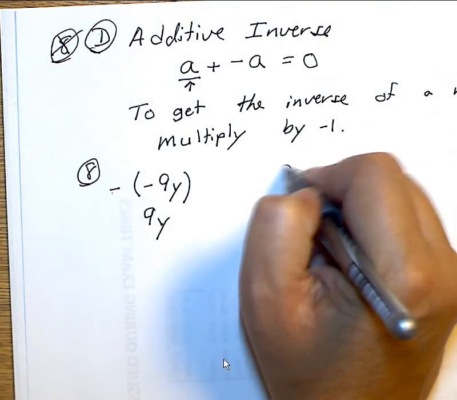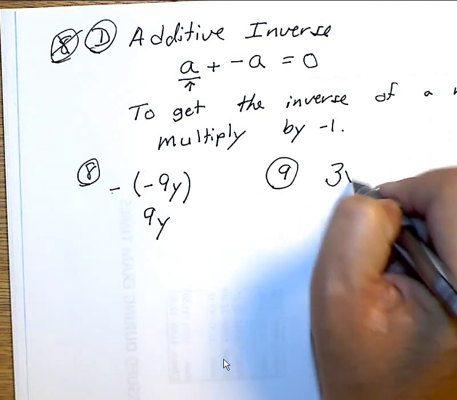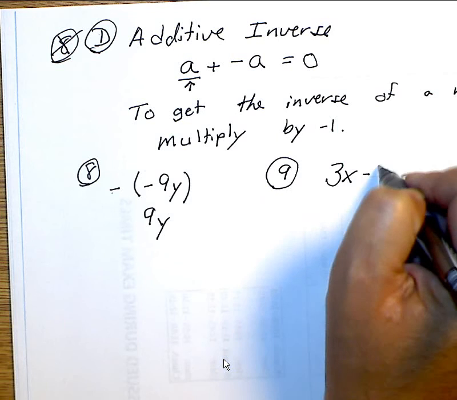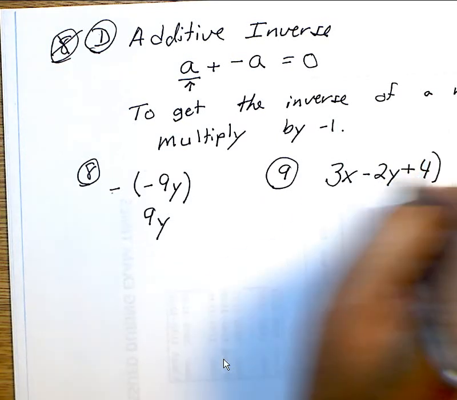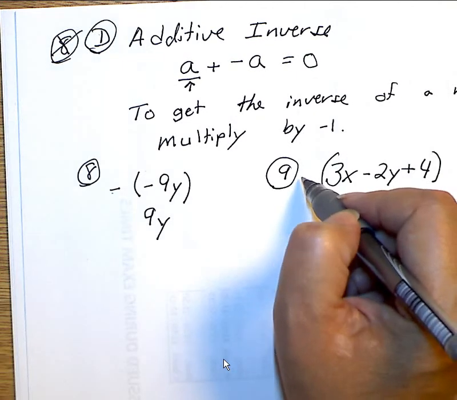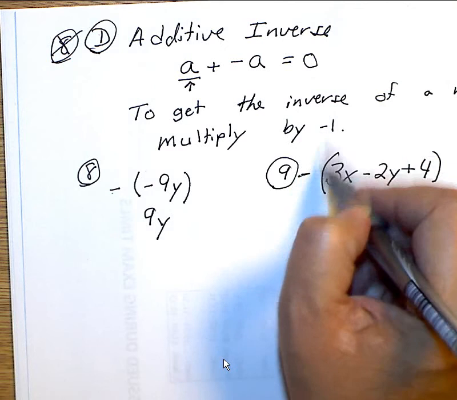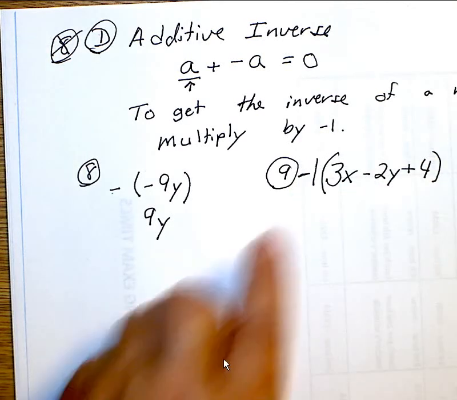Alright, so number 9. If I start with 3x minus 2y plus 4, to find its inverse, I'd multiply it all by what? So we're going to multiply still by that negative 1 to find its inverse. You always multiply by that negative 1. On tonight's assignment, they'll have that negative 1 there.